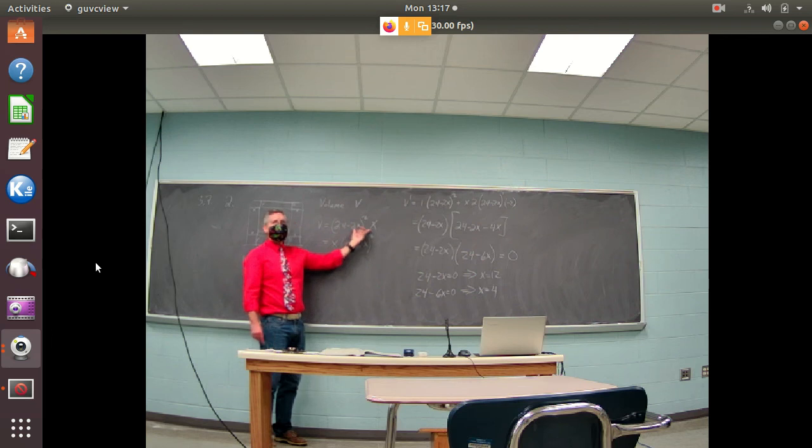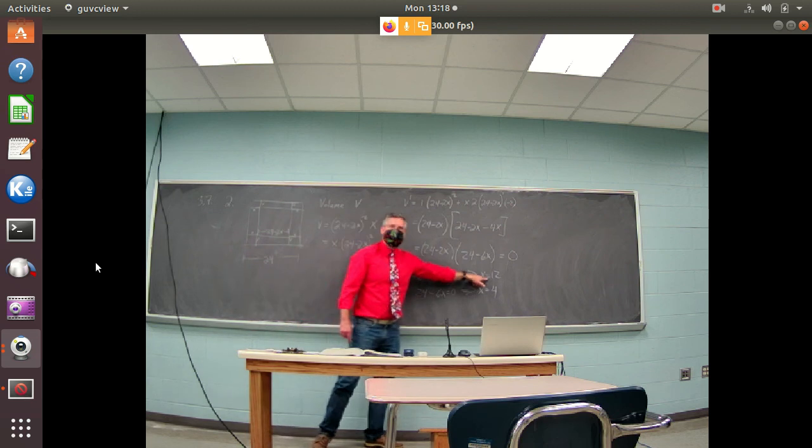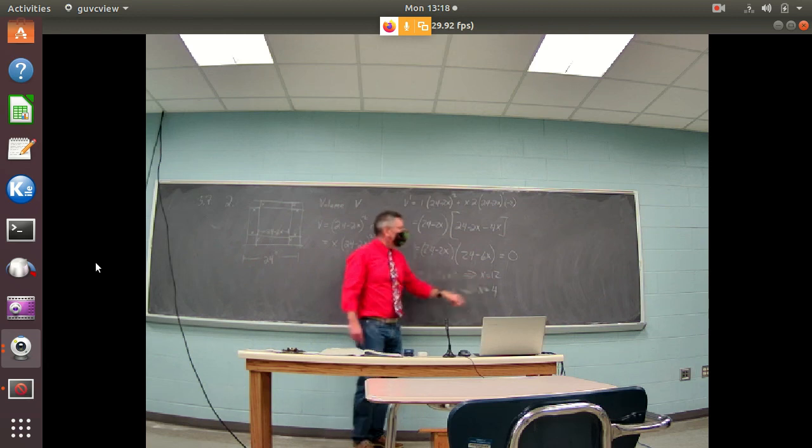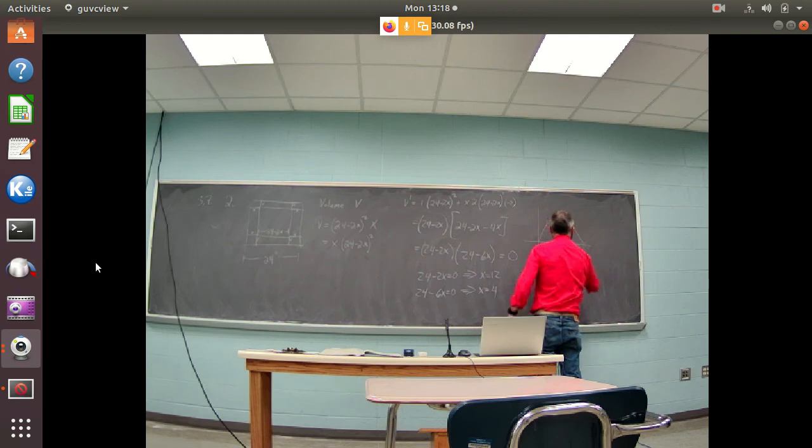But actually, just as I look at this function, I can see it's 0 when x equals 0, and I can see it's 0 when x equals 12. Okay, so the volume is 0 here. So I'm kind of guessing that my function, there's 12, I'm guessing the function does something like that.